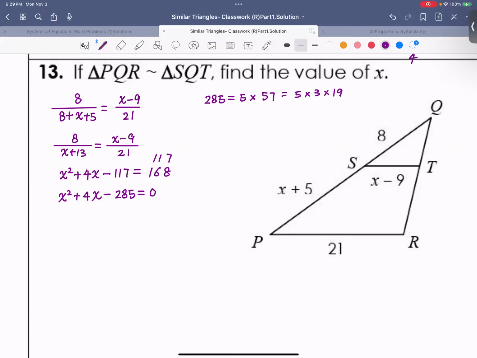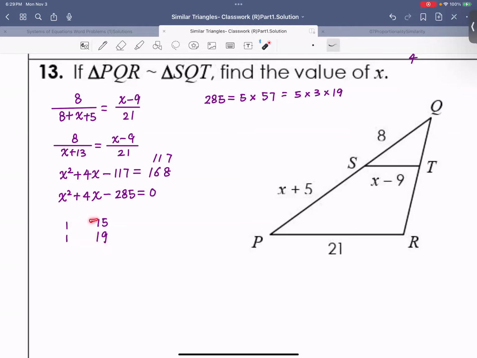Now you understand. Go, one by one. What do you do? 15 by 19. Yes. You want who to be negative? 19. You want this to be negative, then you can have negative 4x.